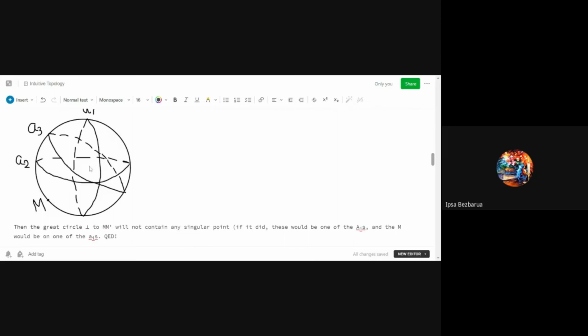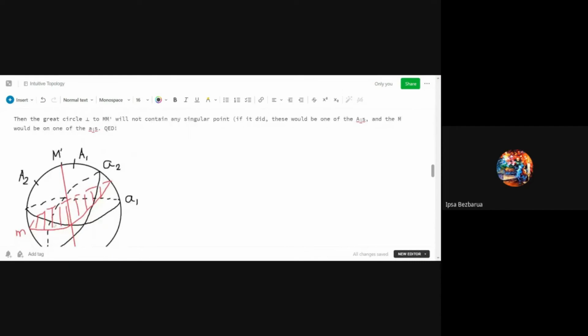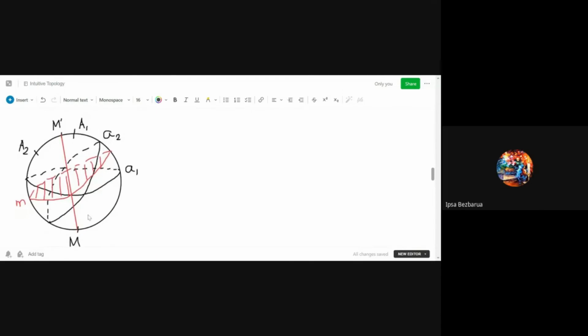So I can draw a line joining M to M prime and consider a section perpendicular to it. This is M, this is M prime, and I consider a section small m perpendicular to it and containing the center of the sphere.